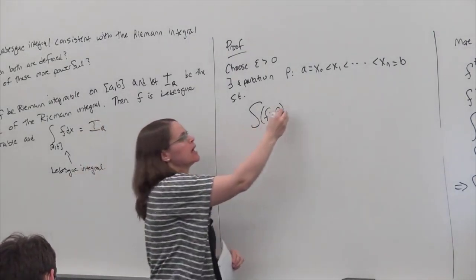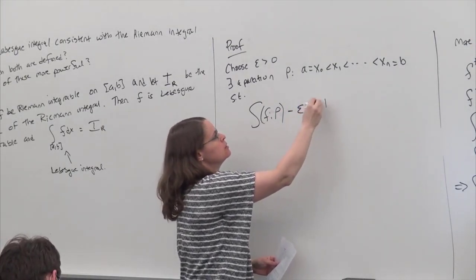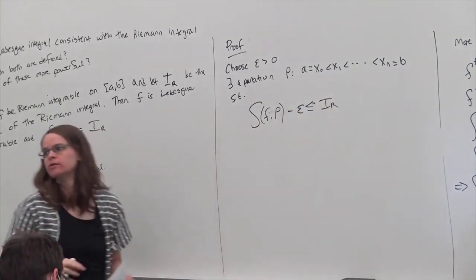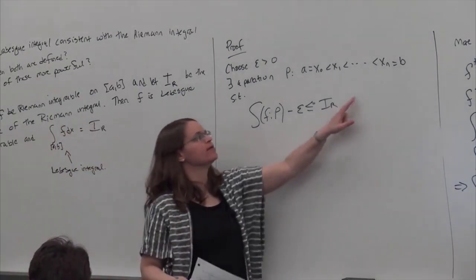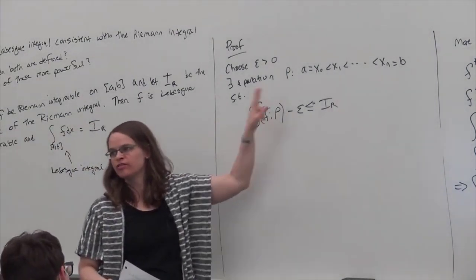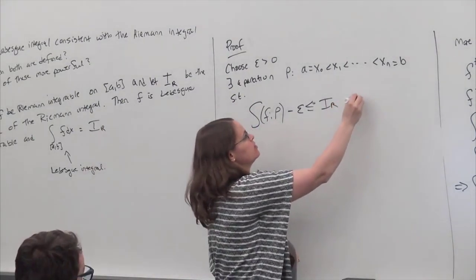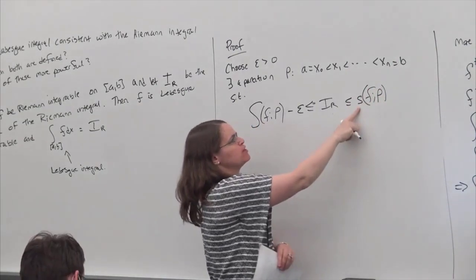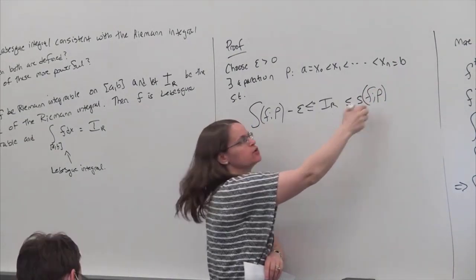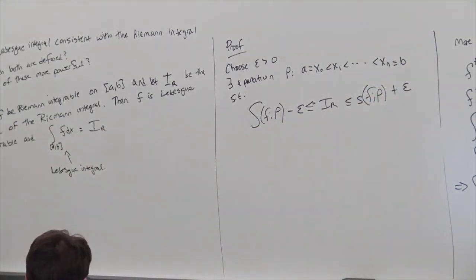Just by subtracting epsilon off of this, I can make it less than or equal to the value of the Riemann integral. Of course, this is always less than or equal to the upper sum, and this just says it doesn't differ by more than epsilon. And then similarly on this side, I have lower sums, which itself is going to be smaller than the value of the integral, but as soon as I add epsilon to it, I'm in business.